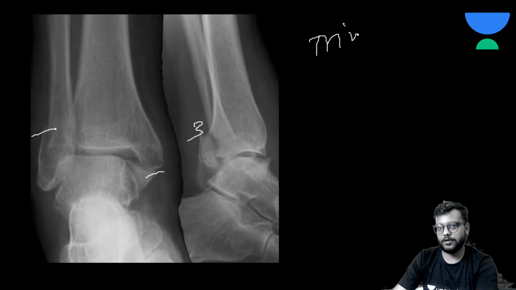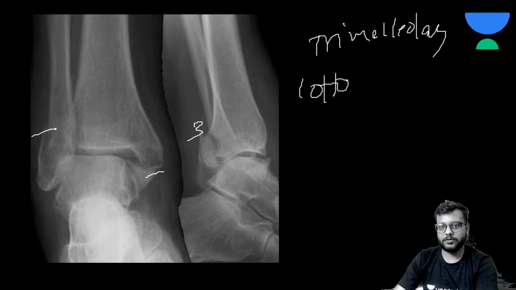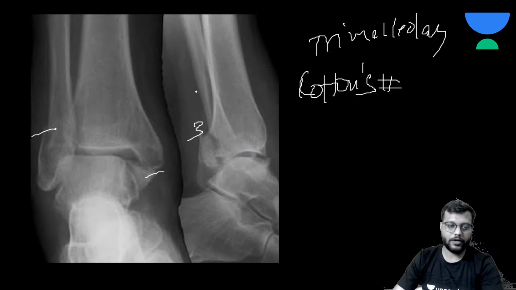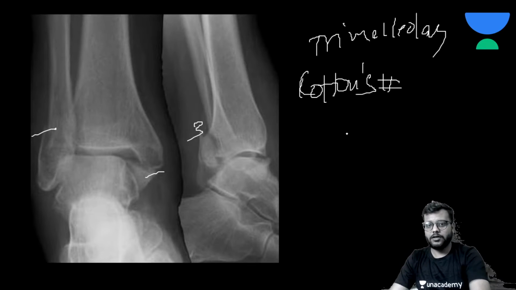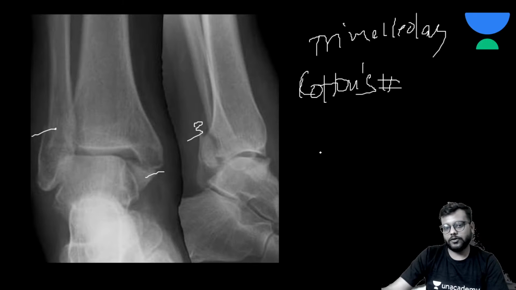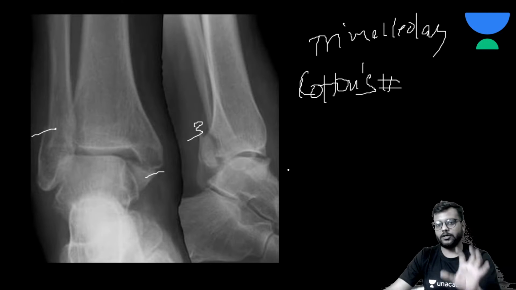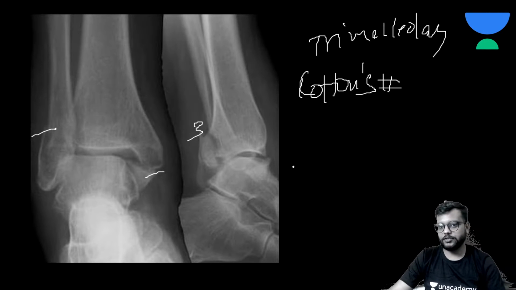This is trimalleolar, and this is called as Orton's fracture. Okay, so I have tried to revise the upper limb orthopedics through fractures. Most of the things can be covered through fractures.